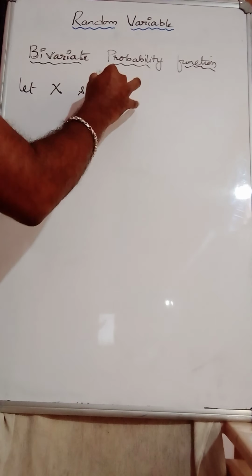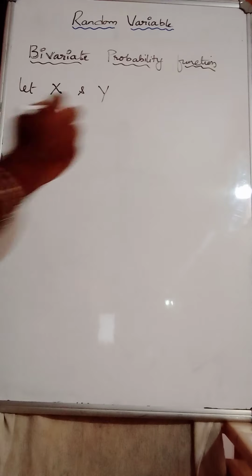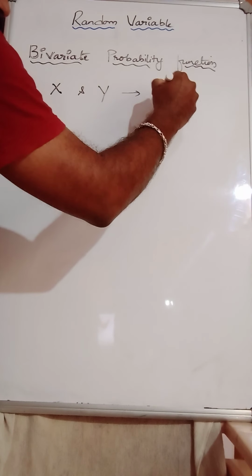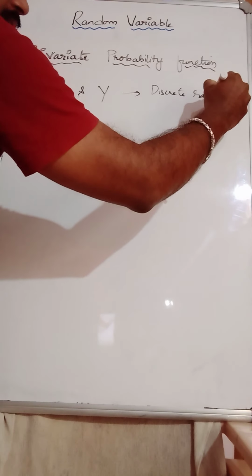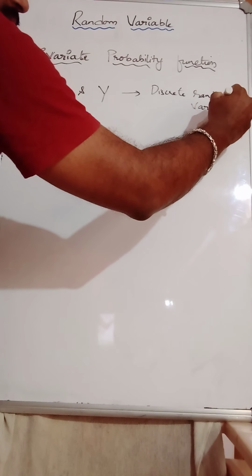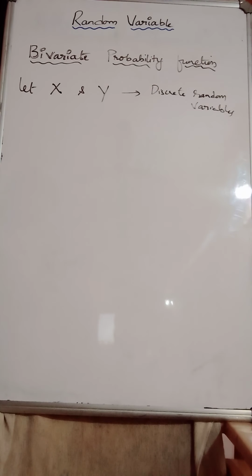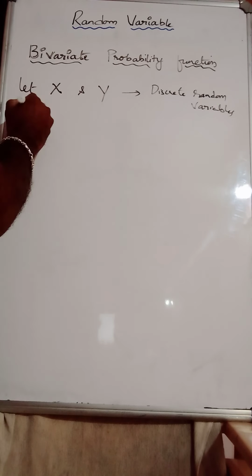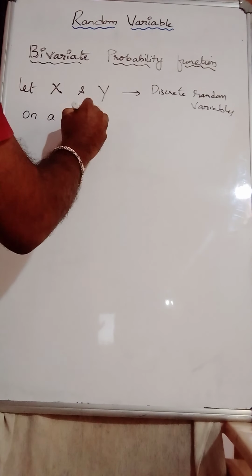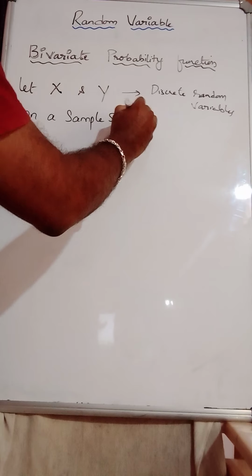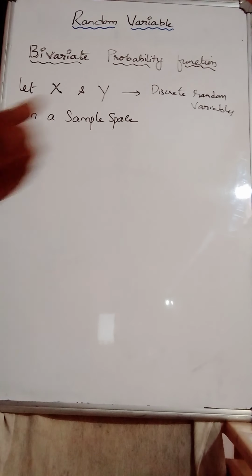Capital X and capital Y be two discrete random variables, which are defined on a sample space of a random experiment.